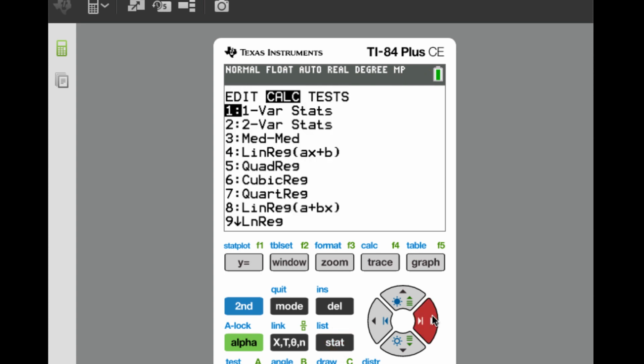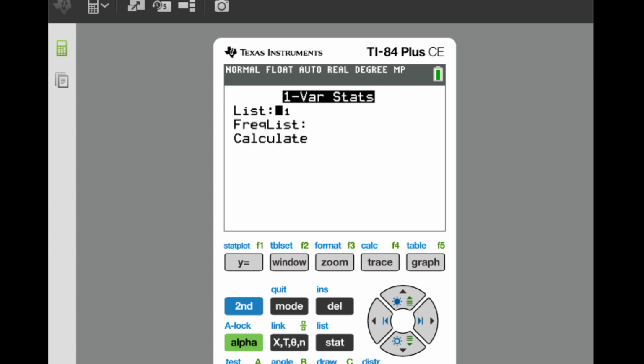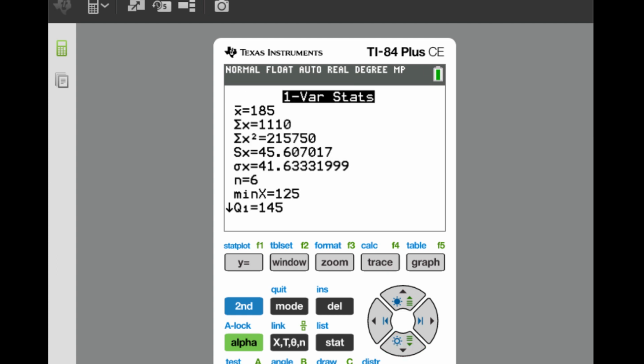Scroll to calculate. 1 variable stats. Is it L1? Okay. Now remember, I'm going to do L1 before L2. So L1 is perfectly fine. I'm in L1. I'm going to hit what? Calculate. And ladies and gentlemen, here we go.